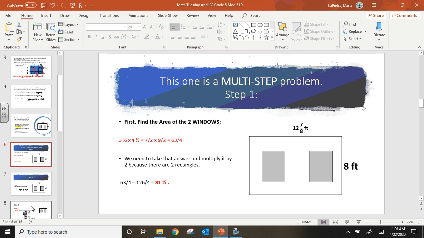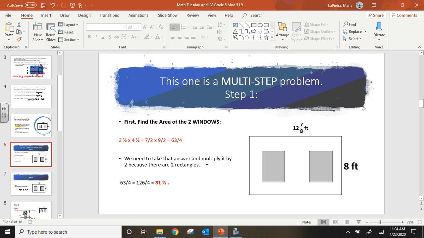First, we're going to find the area of the 2 windows. They said that the area of each one was 3.5 times 4.5, which equals, if we change this, 7 over 2, and if we change 4.5, that would be 9 over 2, which equals 63 over 4. Okay, so 63 over 4.